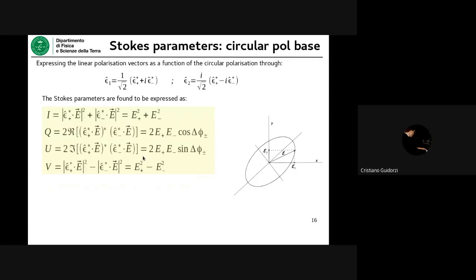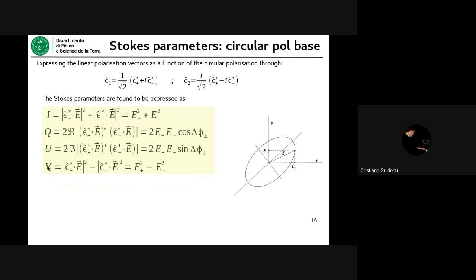And what about the last parameter? If you remember the way it was defined, V was the difference between the two circular components, just as Q was Ex squared minus Ey squared. So V plays the same role for the circular base as Q does for the linear one.